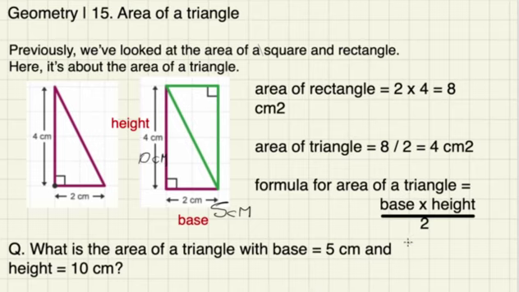So for the base we put 5, times the height, which is 10, over 2. So 5 times 10 equals 50, divided by 2. So that equals 25.